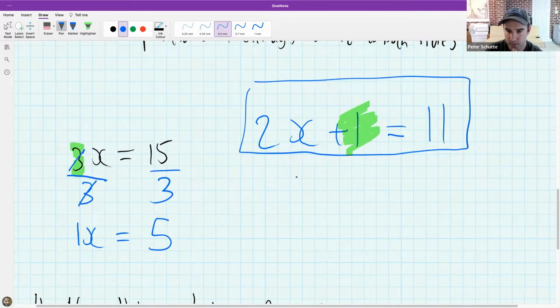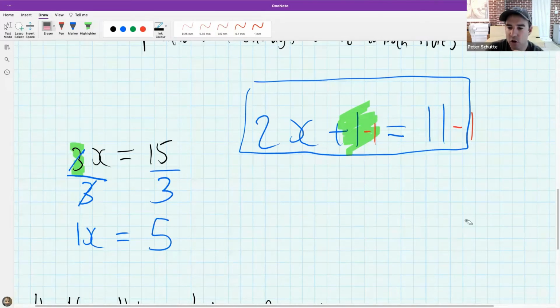So only on the other side, 2x will just be equal to 11 minus 1. Yes, that is true. But can you see how you're right? So you're saying you're going to get to this step. But what I want to show you is, can you see what you're really doing is you're just taking away 1 from both sides? Does that make sense?